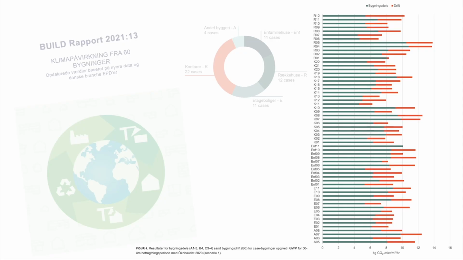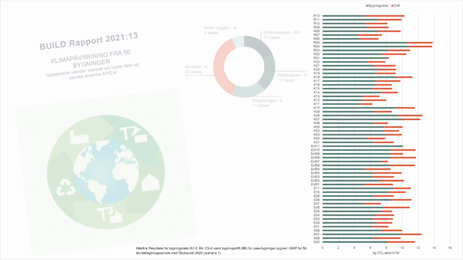And on other projects with a lower CO2 footprint from materials, you have a lot of CO2 from operations. And this makes it very difficult just to try to guess where your LCA will end. And that means you have to calculate. And you have to calculate both CO2 from materials and from operations.